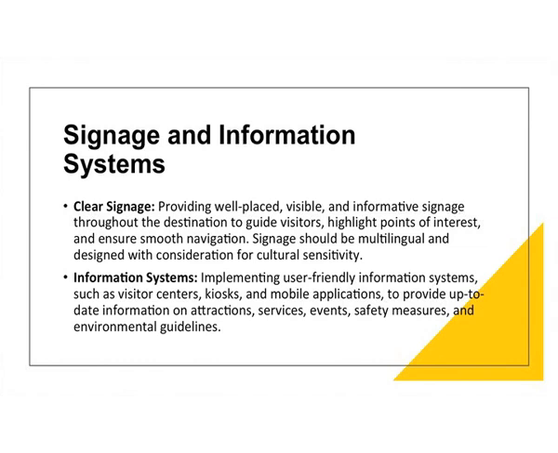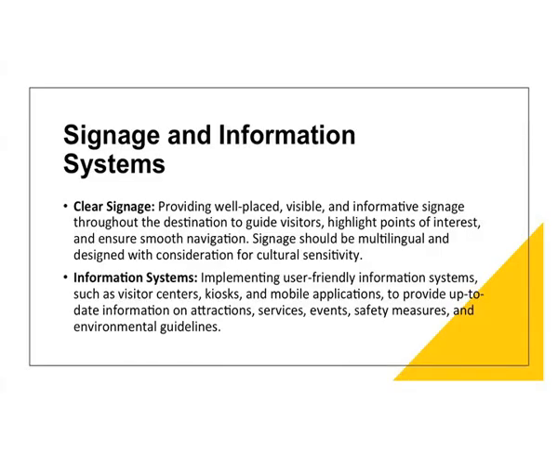The signage and information systems. Clear, well placed, visible and informative signage throughout the destination will help to guide the visitors, highlight points of interest and ensure smooth navigation. The signage should also be multilingual; it should not be in only one language that the locals or other visitors fail to understand.